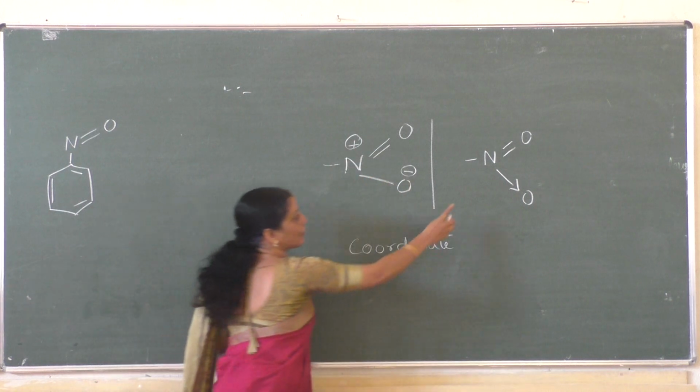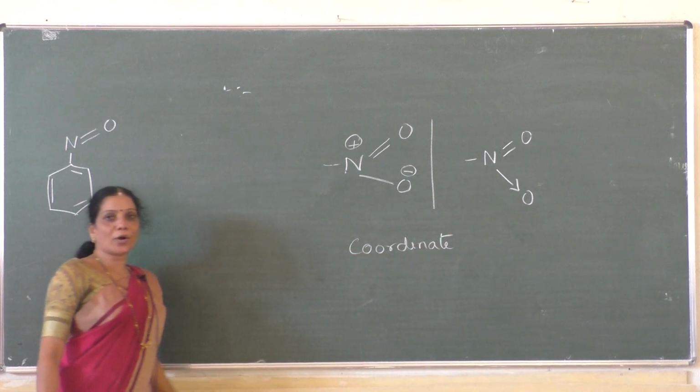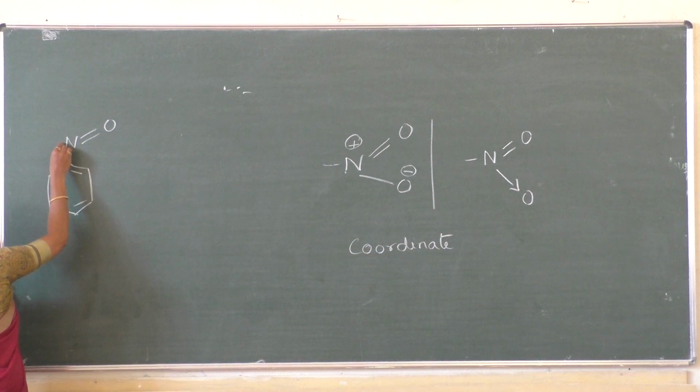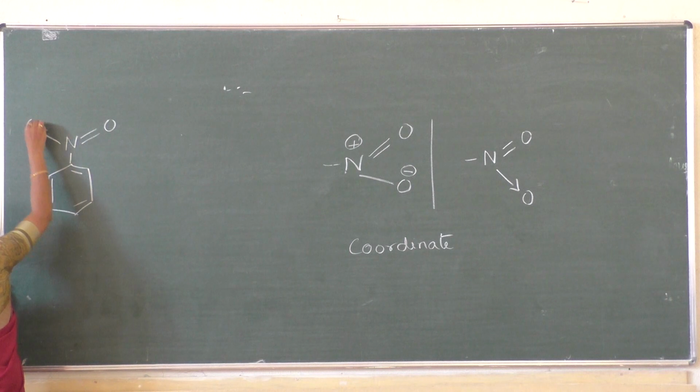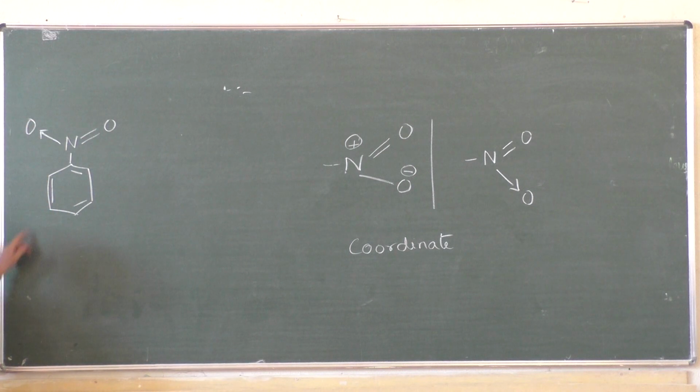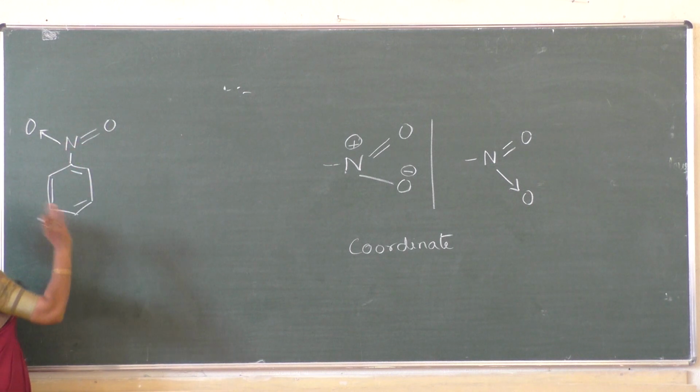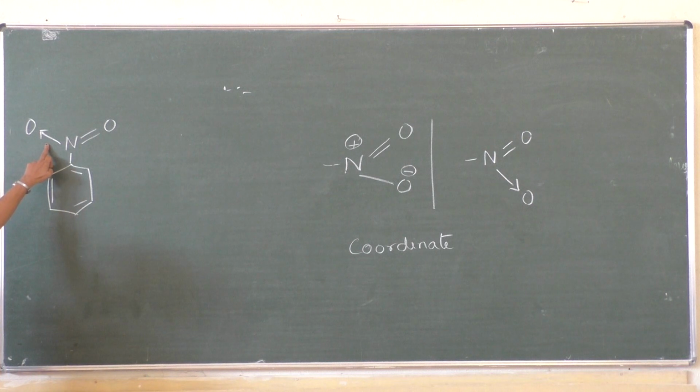Instead of writing like that, we can also write the arrow mark, with the arrowhead pointing towards the oxygen. This shows that nitrogen is in the state of electron deficient, and oxygen is in the state of electron rich. Understood?